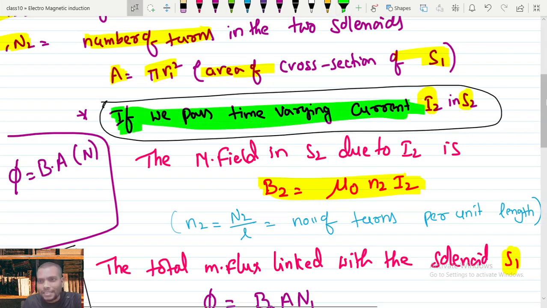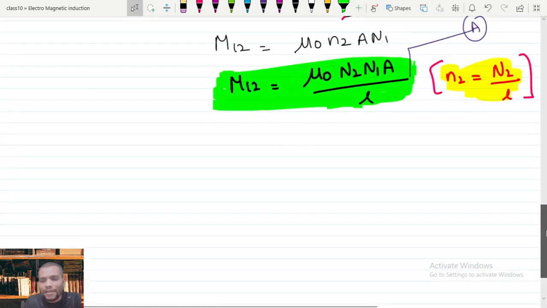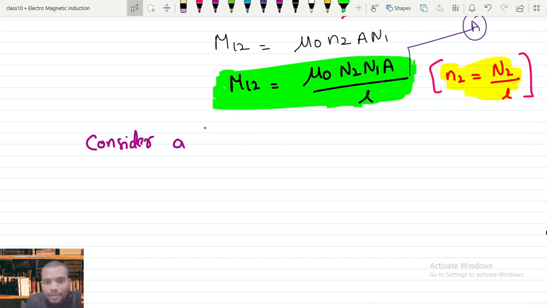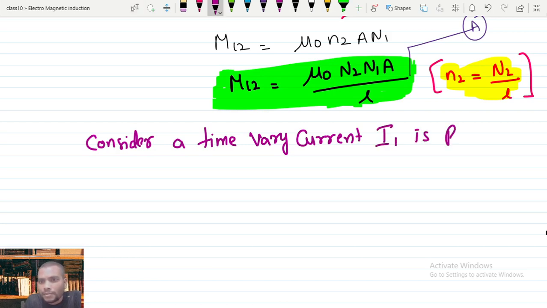Now as a second case, suppose you consider a time varying current or alternating current, a time varying current I1, passing through S1.